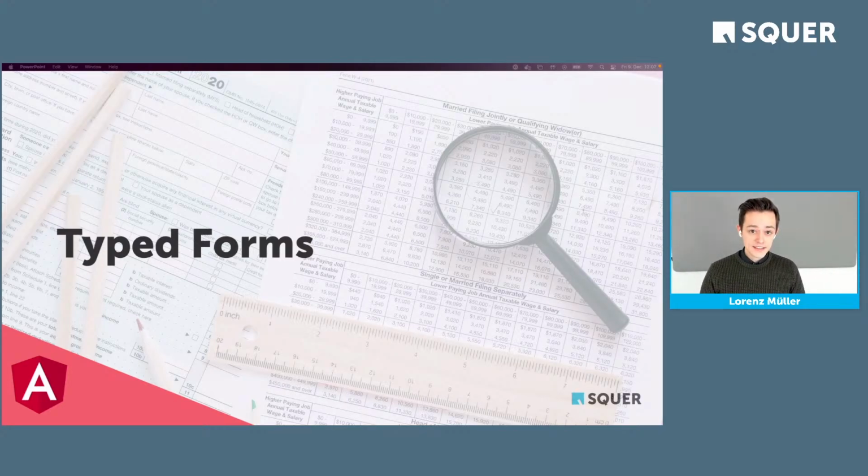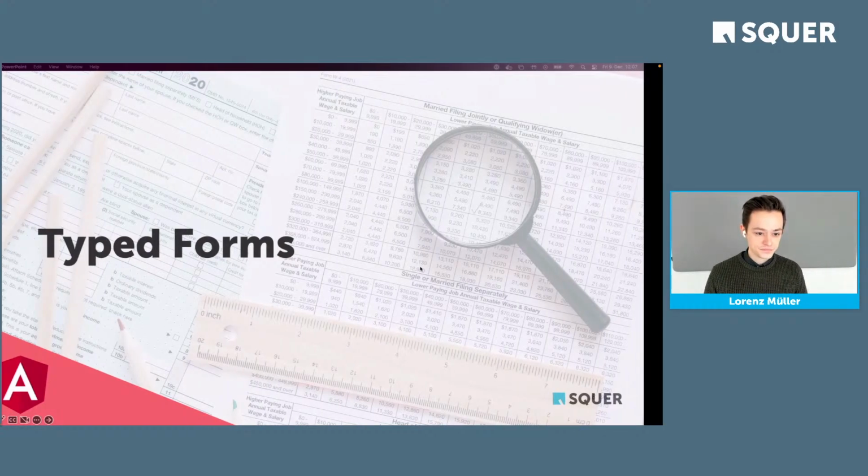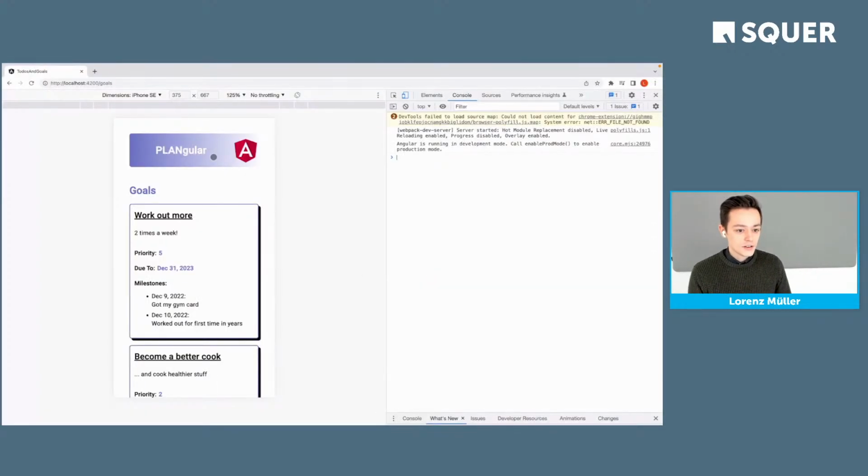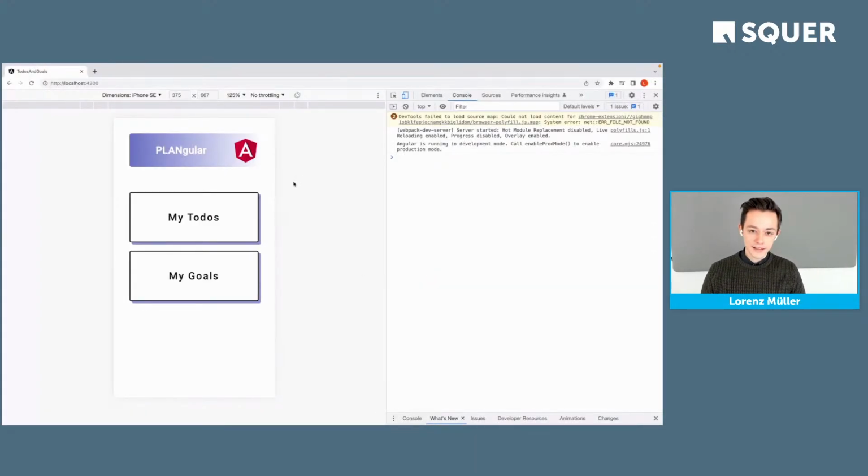For that, I've created a small application, an app for personal to-dos and goals. We're going to look specifically into how we create a new to-do by using untyped forms. So let's have a small look at the interface of our application. This is the homepage of our small application, please not to be taken too seriously, where we can look at our to-dos and goals.